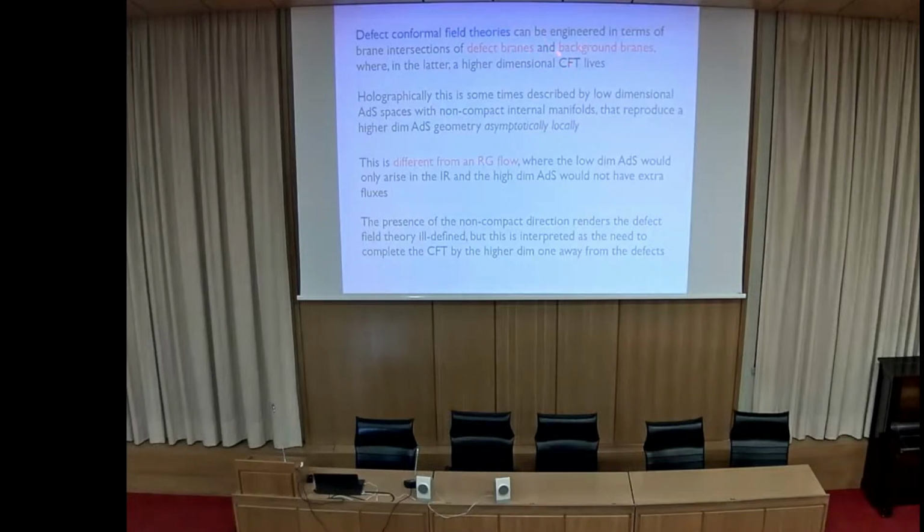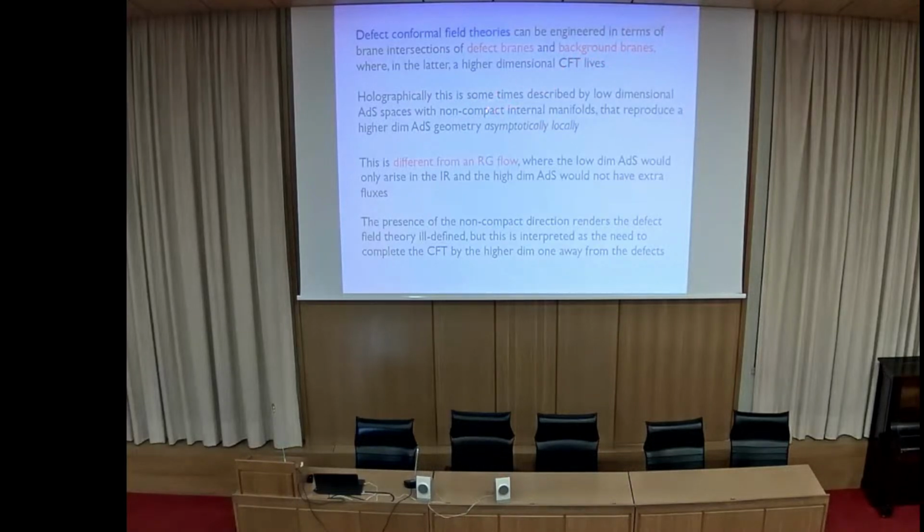You include the background branes and the defect branes, and there will be, locally, some non-compact direction, because in these realizations you always have a non-compact direction that you typically send to infinity, a problem when you want to describe the field theory, but this is part of a higher dimensional AdS space, which is the one that arises in the near horizon limit of the configuration containing only the background branes.